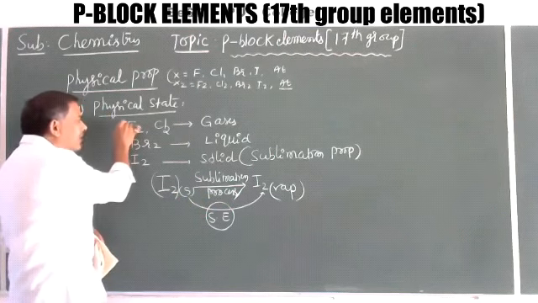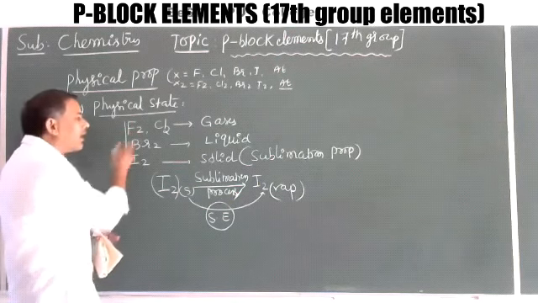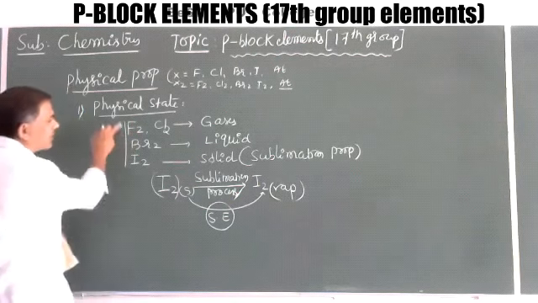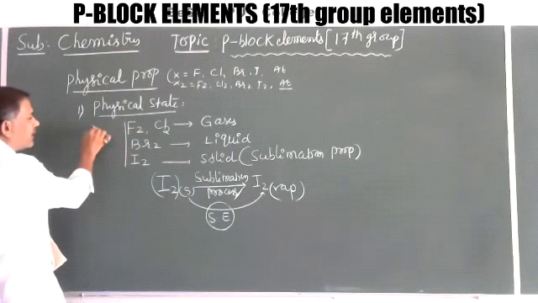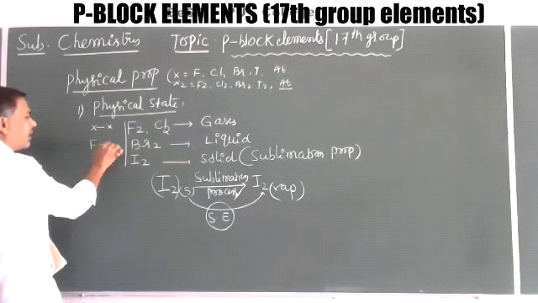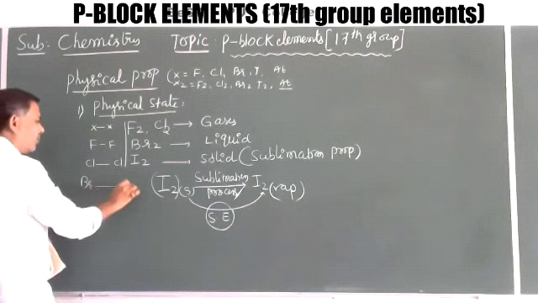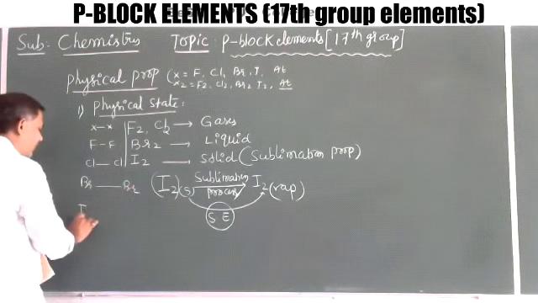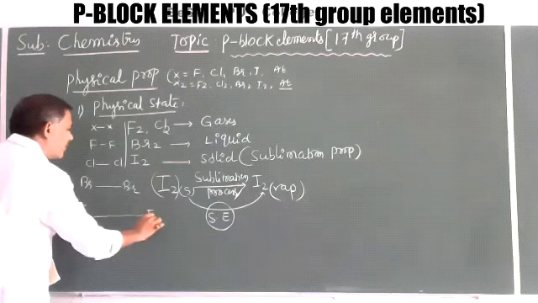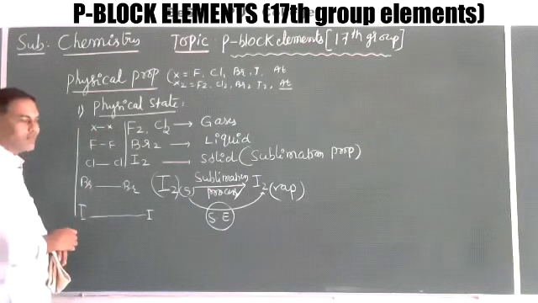Now, between atom and atom, as already explained top to bottom, like between X and X, like fluorine and fluorine, chlorine and chlorine, bromine and bromine, iodine and iodine, bond length increases.